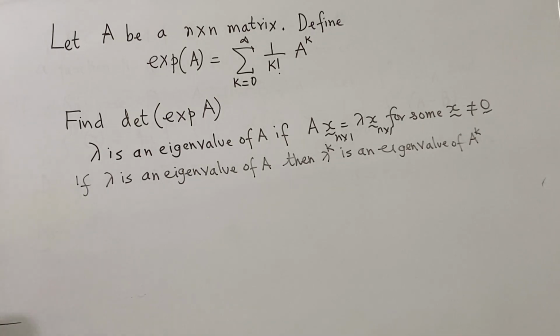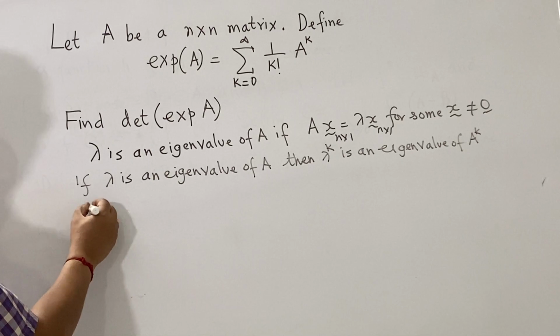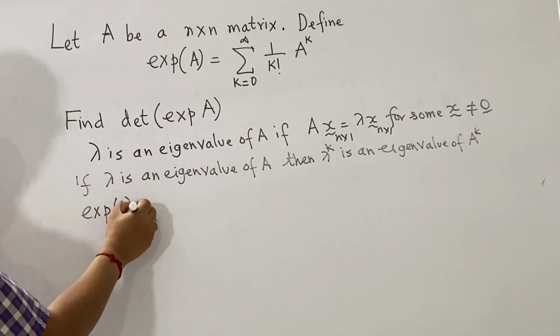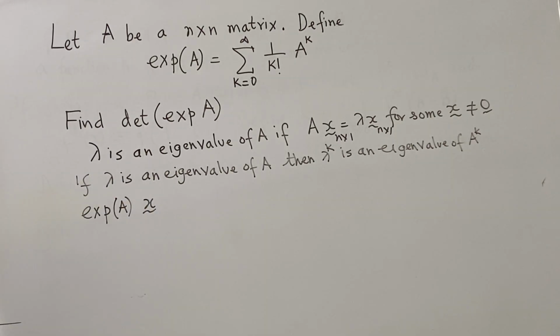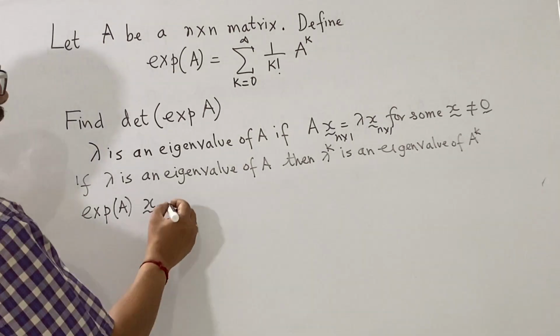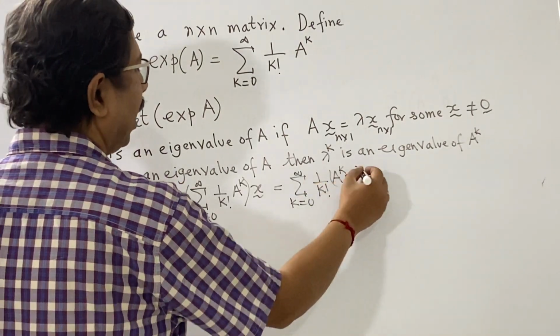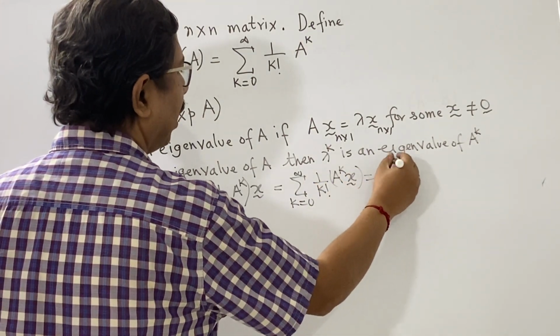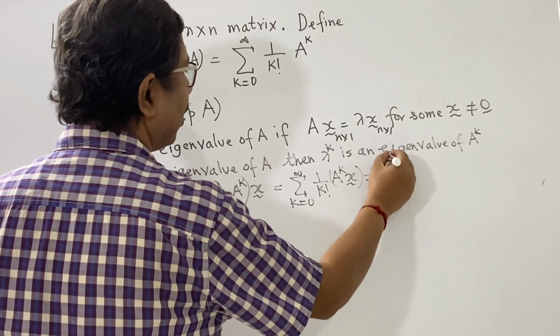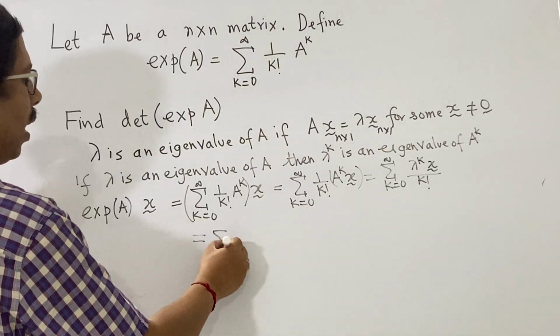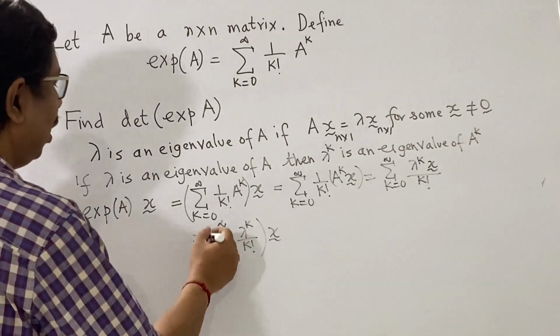And thus, when we are looking at exponential A into x, where x is the eigenvector corresponding to the eigenvalue lambda, then we have the sum, and this A power k x, we can replace by lambda power k x, and this is nothing but e to the power lambda.